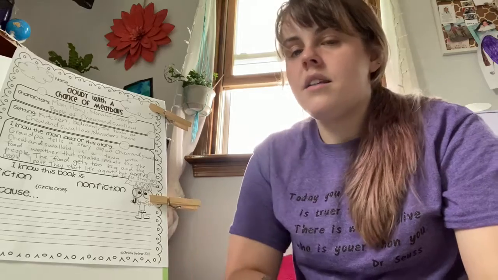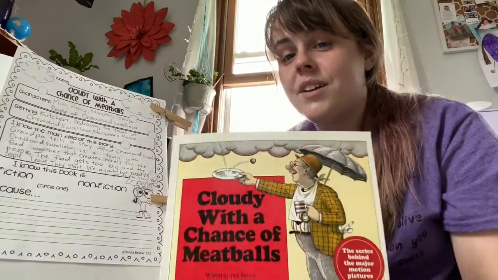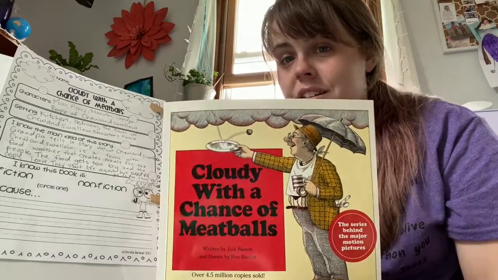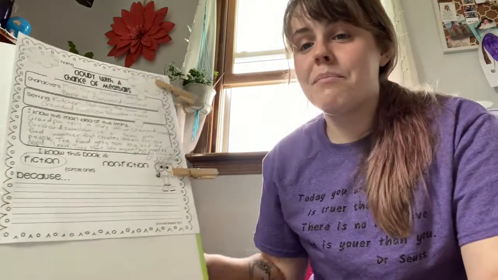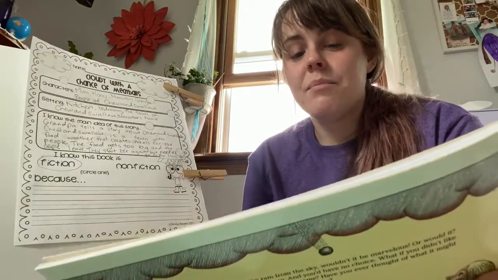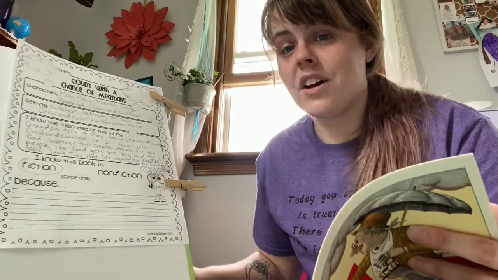So now that we have that definition of fiction and nonfiction, let's think about if Cloudy with a Chance of Meatballs is fiction or nonfiction. So I want you to talk about it for just a minute and see what you think and why. So I'm going to say that this book is fiction, which means it's made by the author's imagination, because does food really come from the weather? Do we really have donuts falling from the sky?